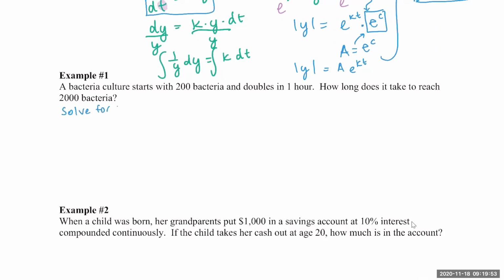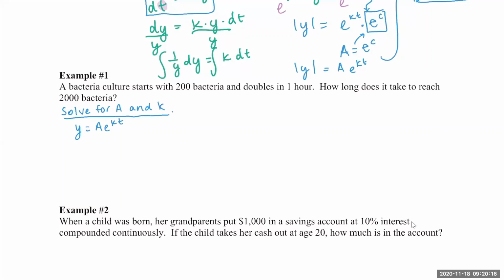You're going to be able to solve for A and for K in your model. And ideally with every model, you have just two variables at the end: y, which is your amount or your population size, and t, which is time. So in this case, I'm going to bring down the model that I said is okay for us to use now. That's going to be the model we begin with.